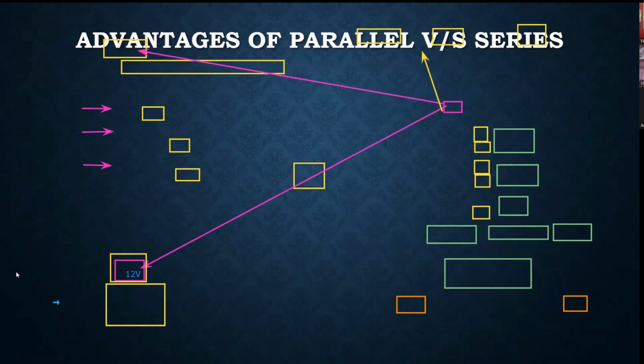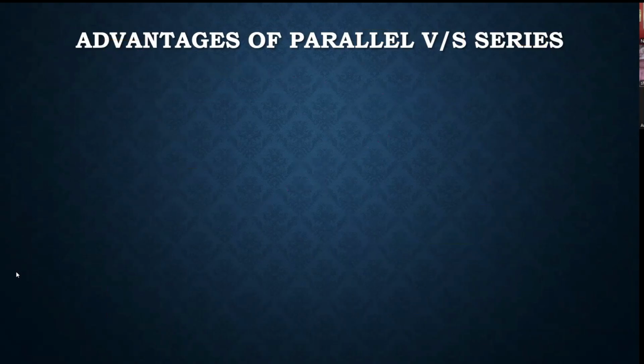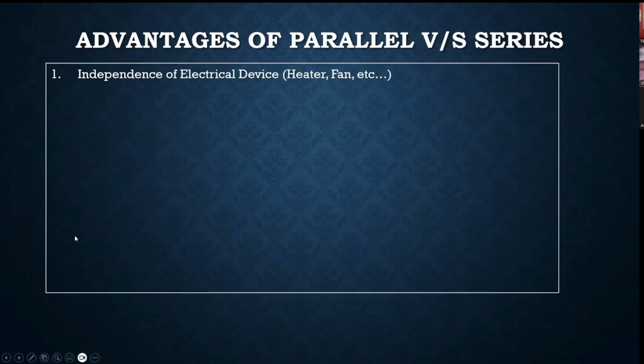Okay, we have seen a couple of problems. Now we'll see the advantages of parallel and series combination. So what are the advantages? In parallel, when you do, the circuit continues to be in a closed loop even if one of the devices fails. That means if you connect your TV in parallel with a bulb, a fan and everything will work.